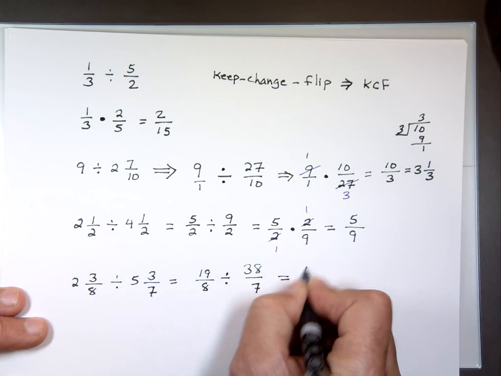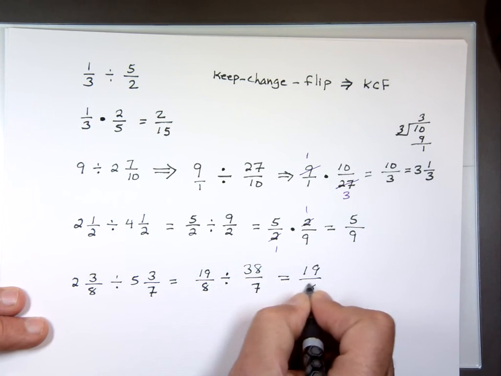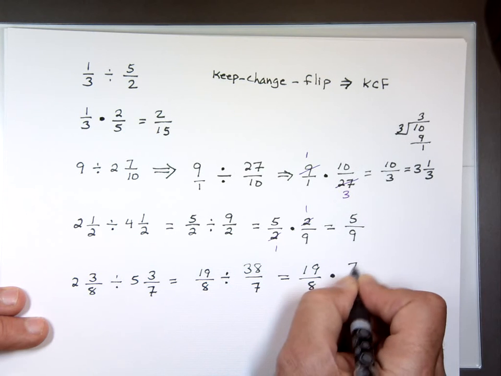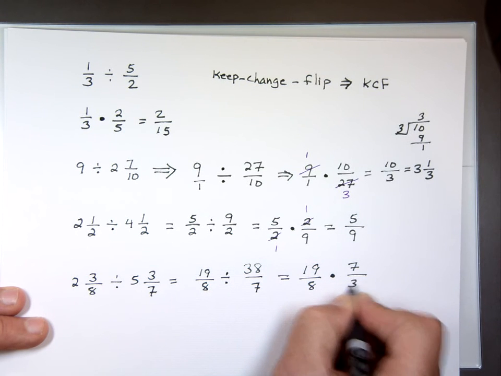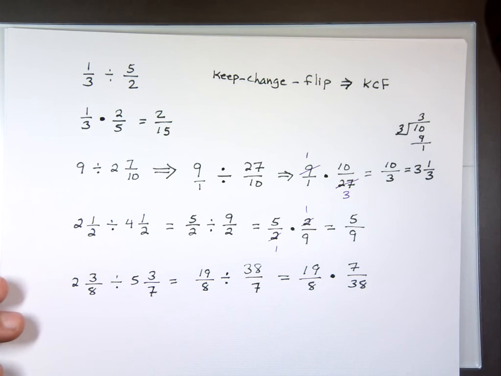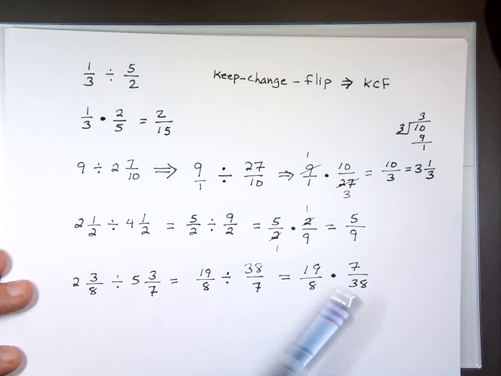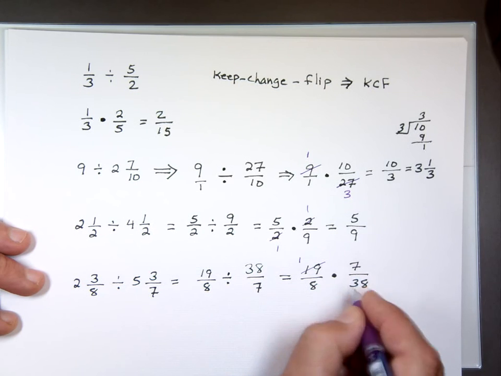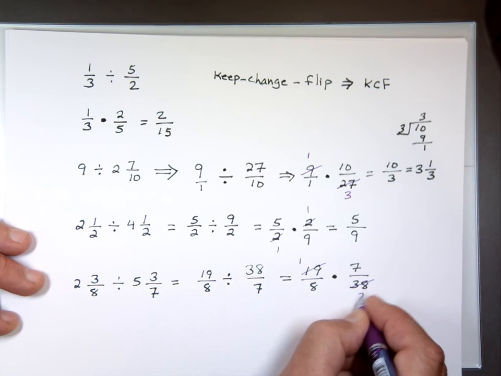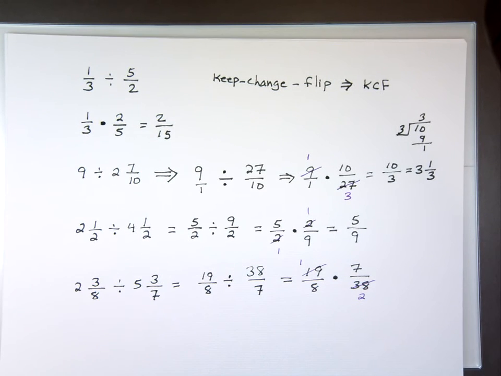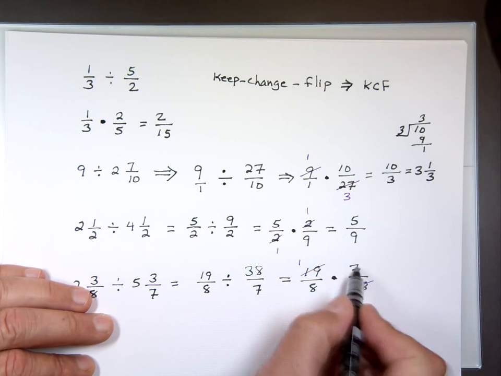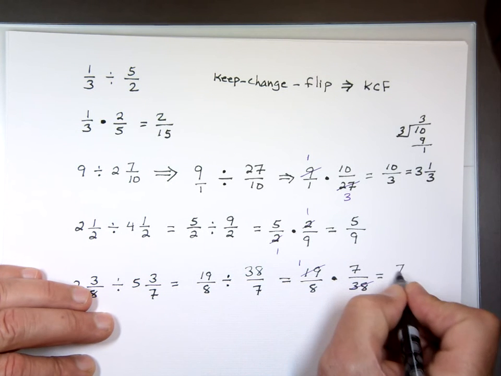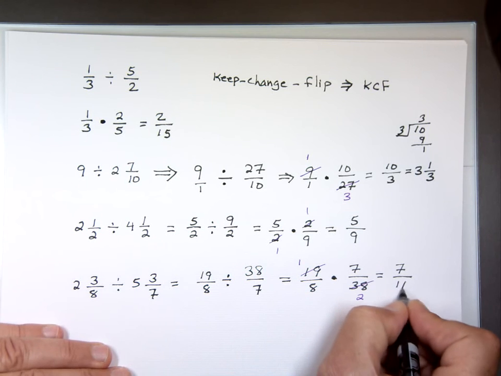Keep the first. Change to multiplication, flip the second one. And boy, I lucked out because I was looking at the 19 going, uh-oh, what do I do? 38, you can divide it by 19. 19 times 2 is what? 38. So by 19, this is 1. By 19, this is 2. 1 times 7, 8 times 2, 16.